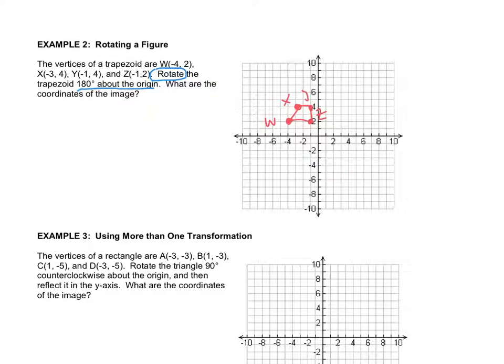So from here, I'm going to be plotting my points now at 1, -2. That is my Z prime. Okay, the Y is going to come all the way around to become 4, -2.